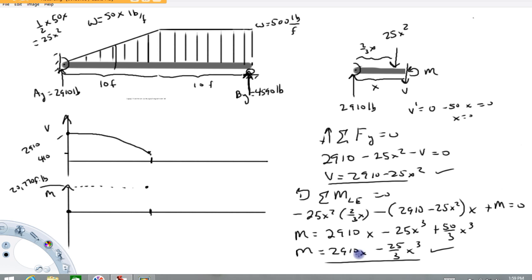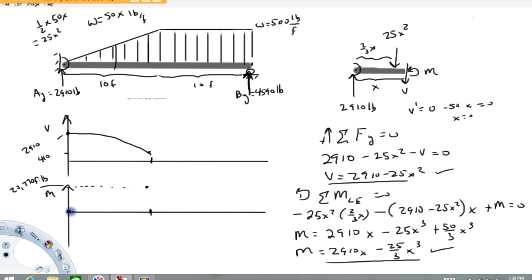Oops. Okay. Minus. Give me a moment. 25,000 over 3, 20,766. So I'm going to go ahead and leave 20,770 is good enough. So this moment is doing something like this, or perhaps this.